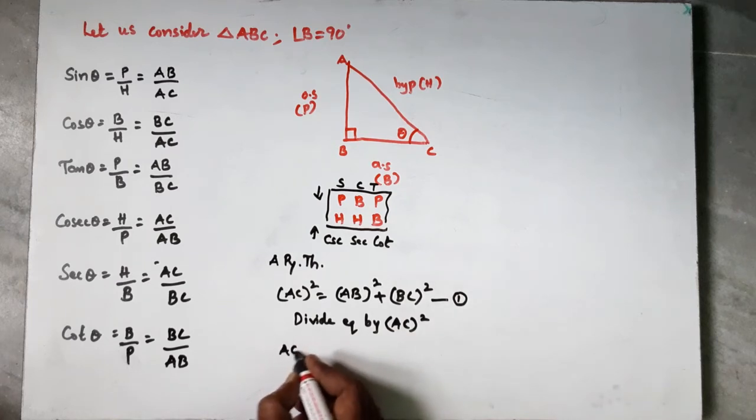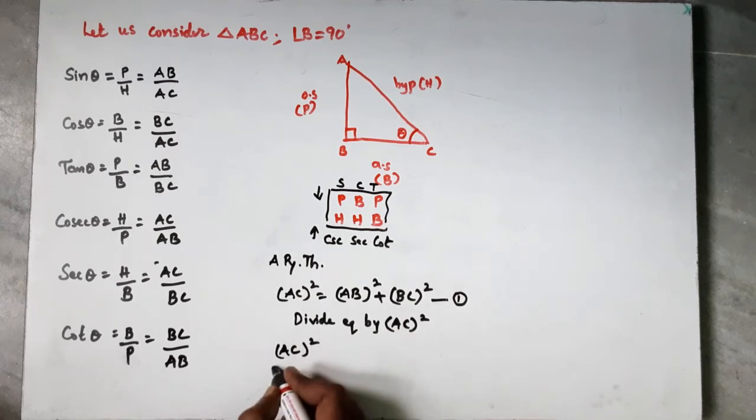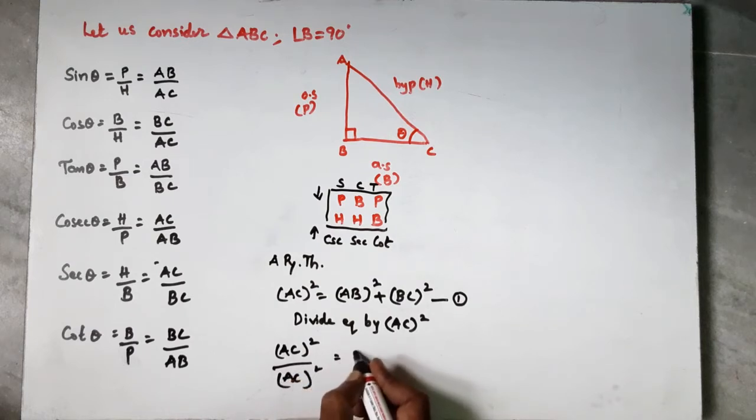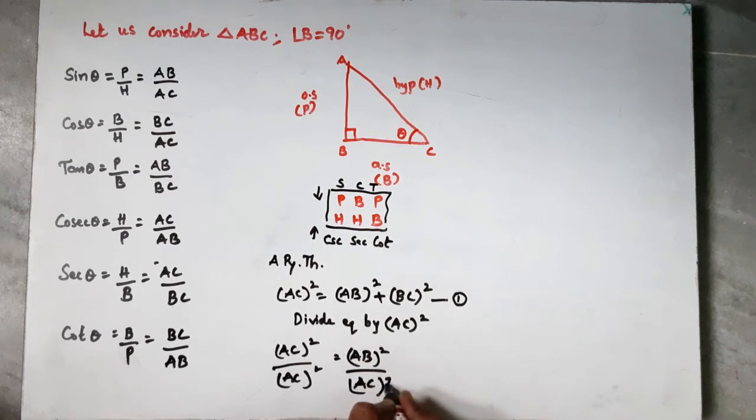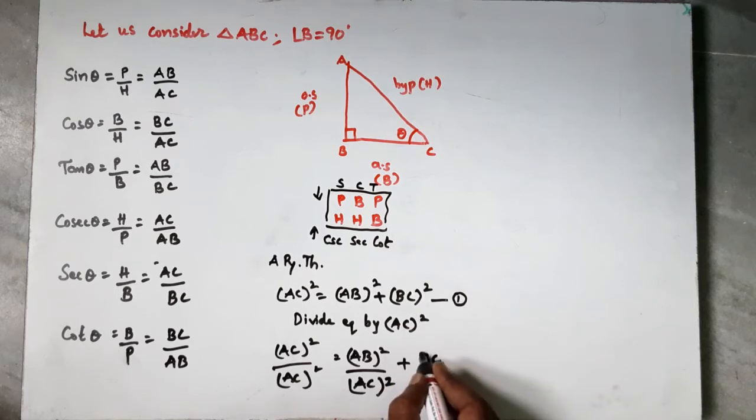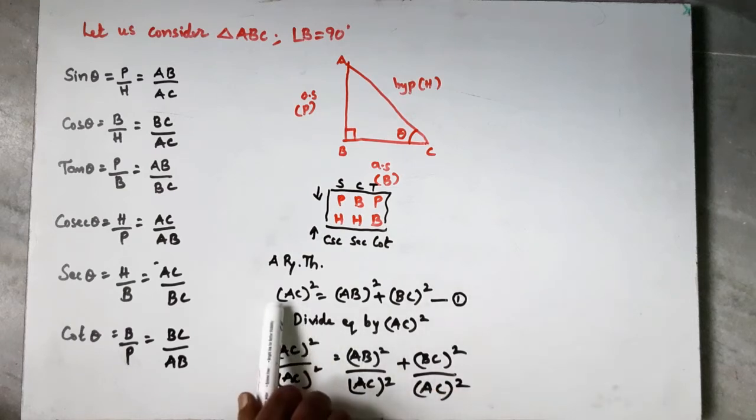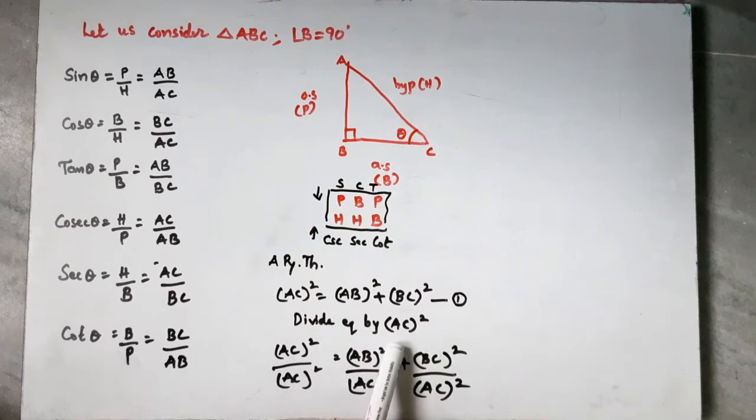So AC square by AC square is equal to AB square by AC square plus BC square by AC square.